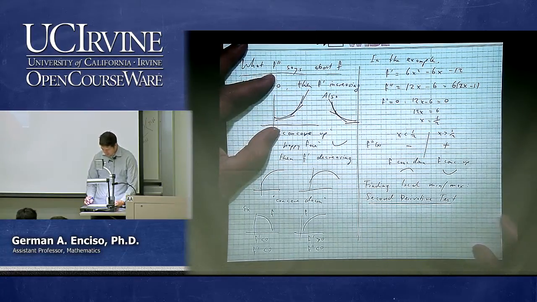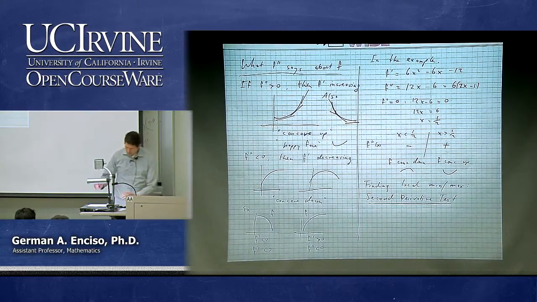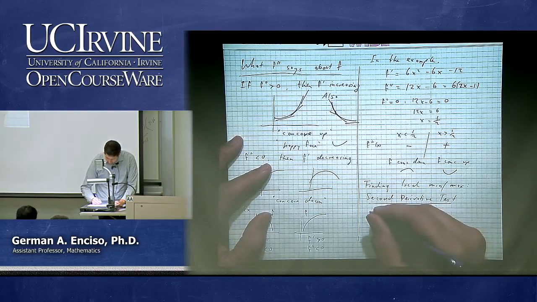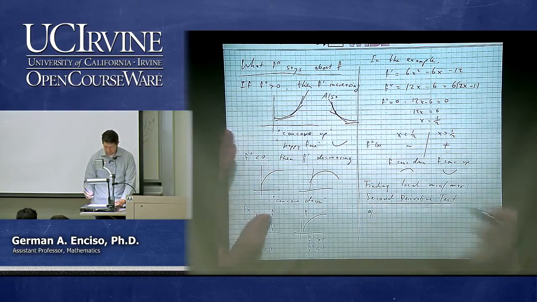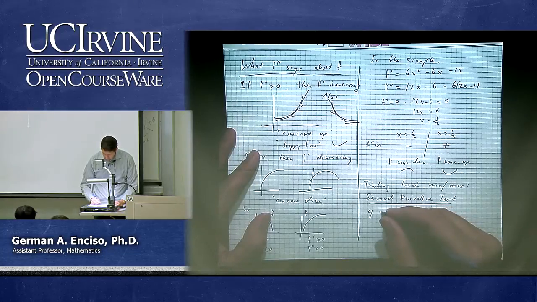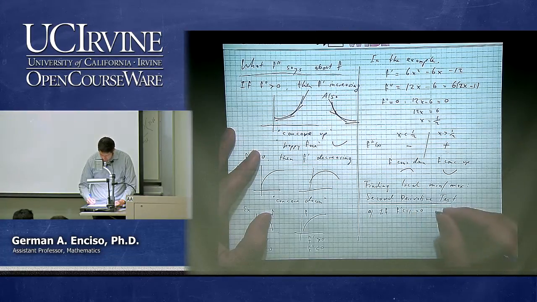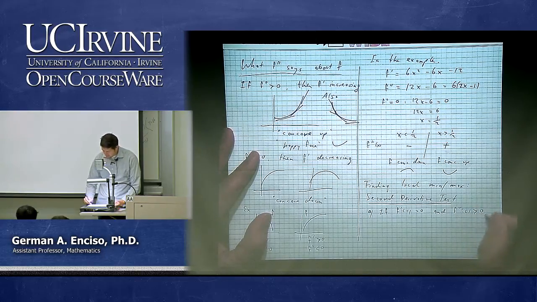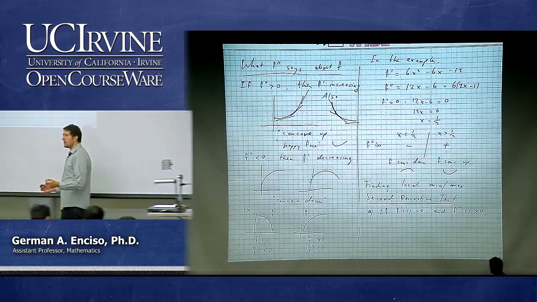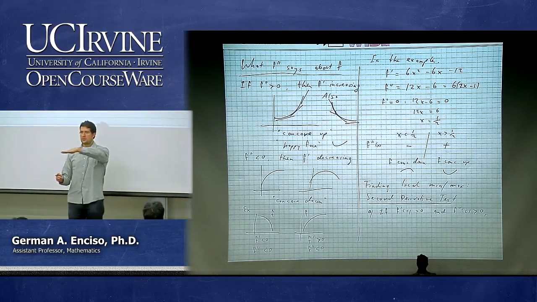Okay, what does the second derivative test say? It says two parts. If f prime of c is equal to 0 and f prime prime of c is bigger than 0, so let's think about it. The function has a horizontal tangent at that point. It's a critical point. And it has a second derivative bigger than 0.